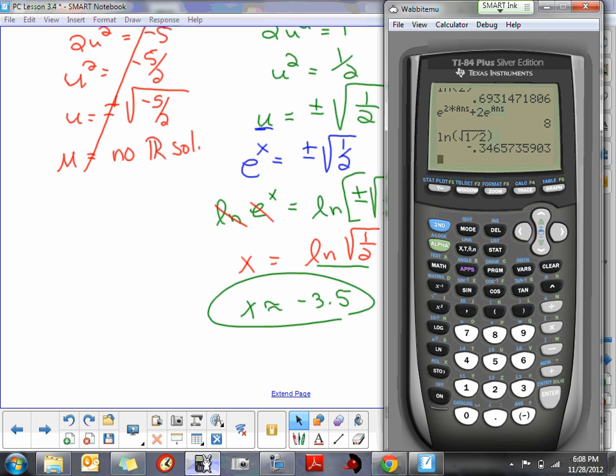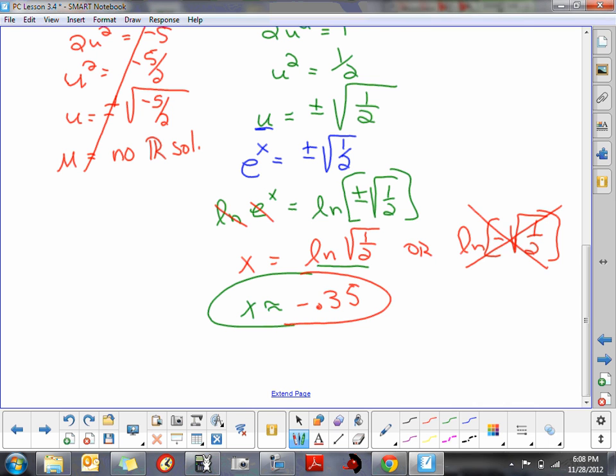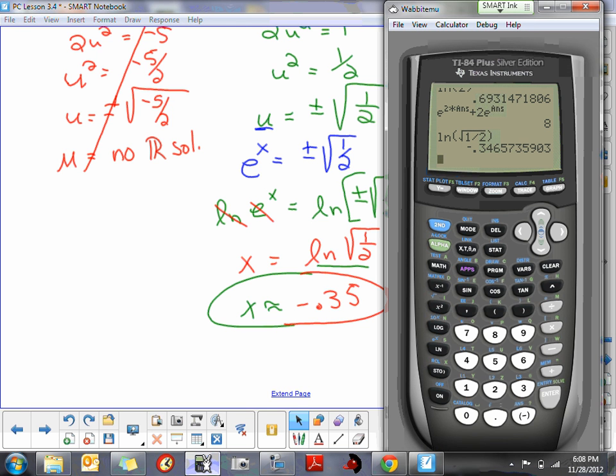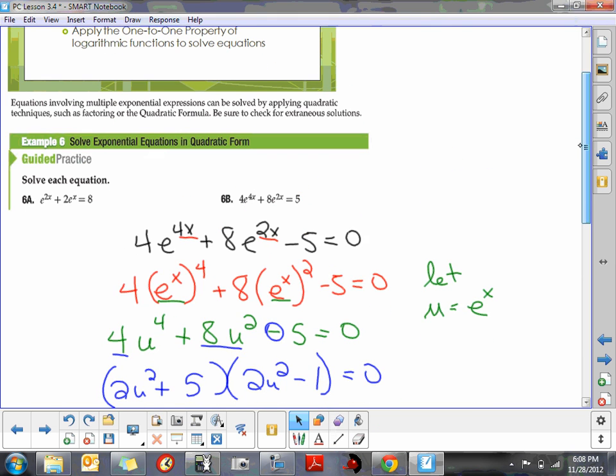So what I've done is I've gone through, I haven't checked that. It would be wise to go back and check, especially when you write it down wrong. It should be negative 0.35, not negative 3.5. I never can get that off the calculator right. But now you should be able to plug that back into the original equation, which you come back up here to, and run that through.